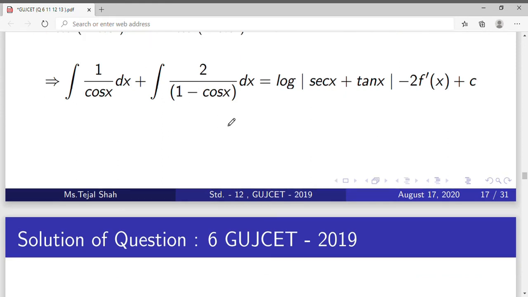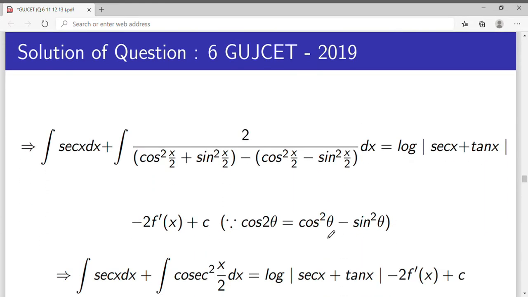So here use the formula cos 2 theta is equal to cos square theta minus sin square theta. You learn this formula in 11th standard. So cos theta is replaced by cos square theta by 2 minus sin square theta by 2. If 2 theta is given, we take half theta, so if theta is given, we have to take theta by 2.